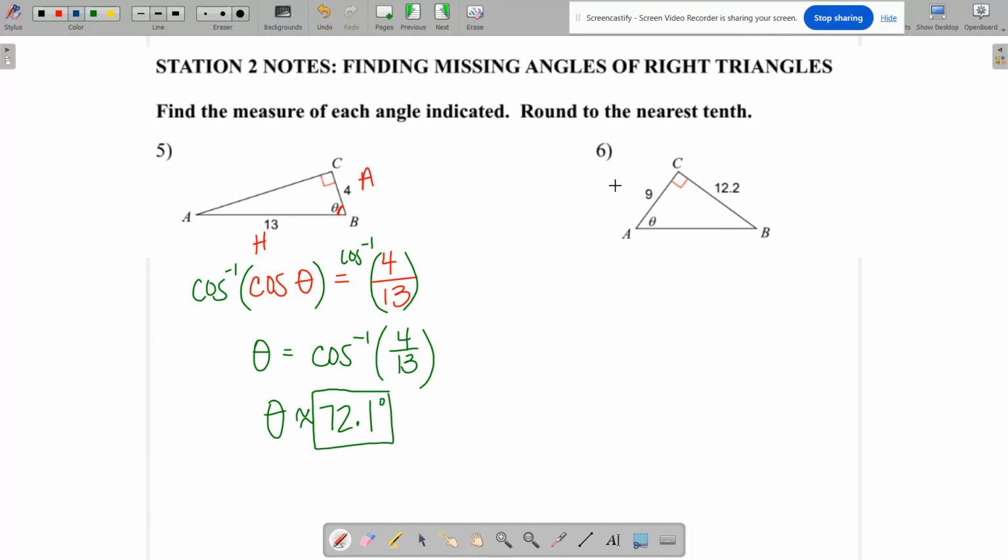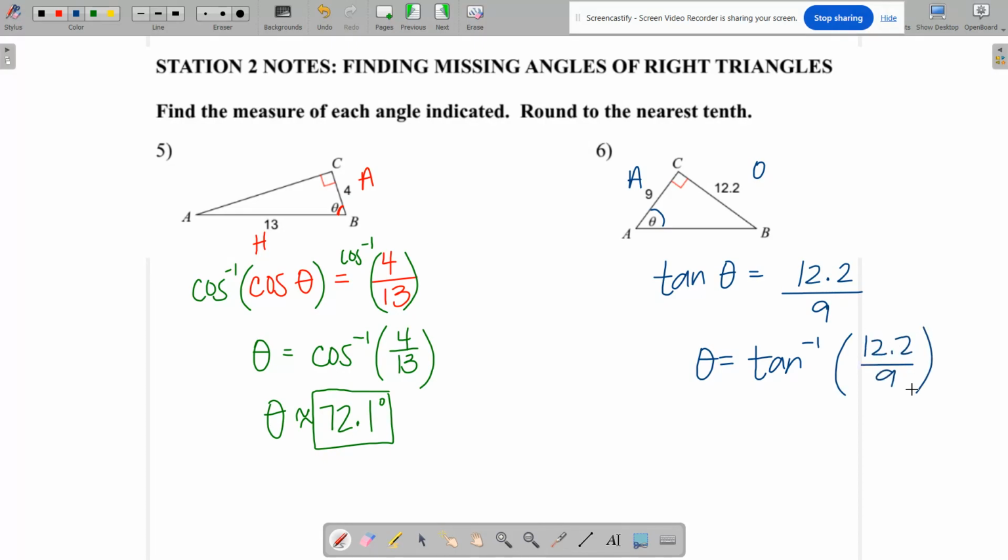Let's try another. Theta is located here, so that means this side would be the opposite. Since this is the hypotenuse, this is going to be the adjacent. So what uses opposite and adjacent would be tangent. So the tangent of theta equals the opposite, which is 12.2, over the adjacent, which is 9. In order to figure out what theta is, we're going to take the inverse tangent of 12.2 over 9.